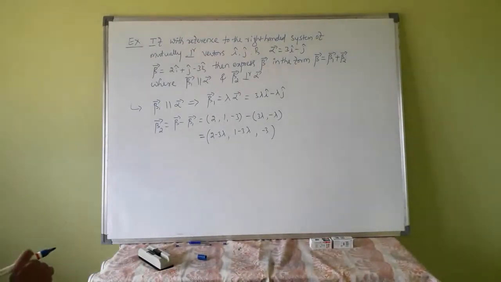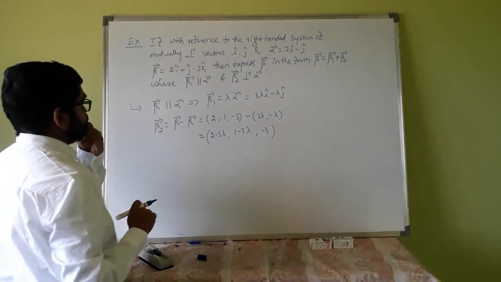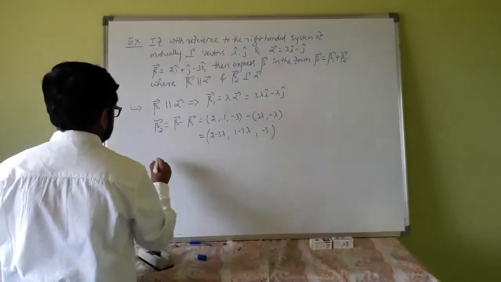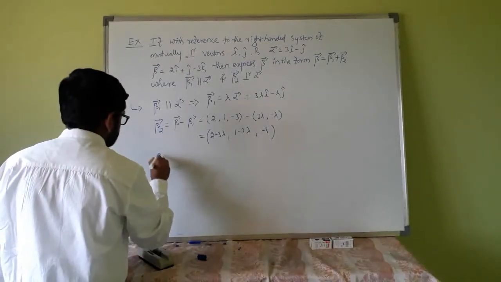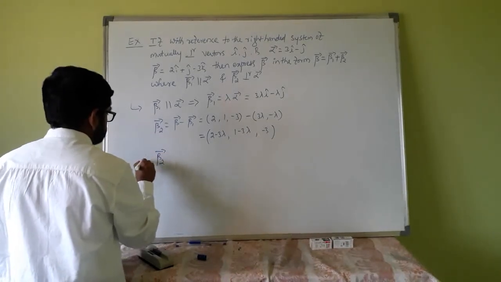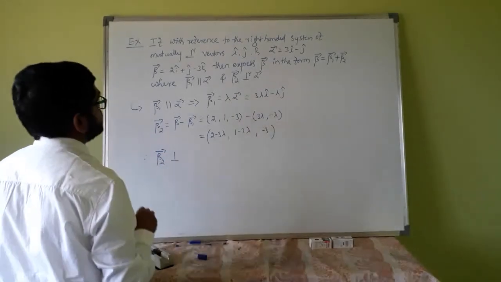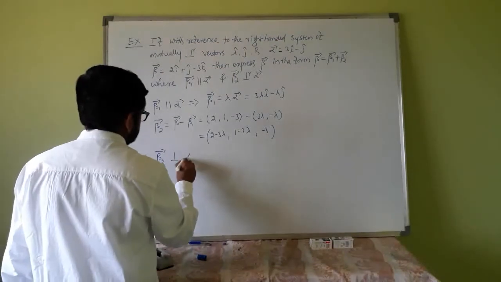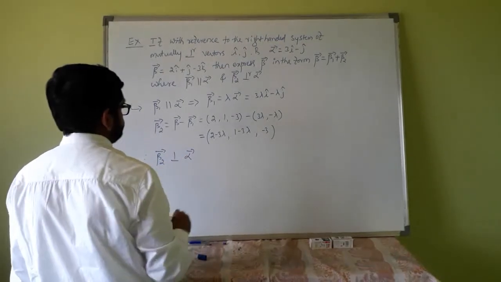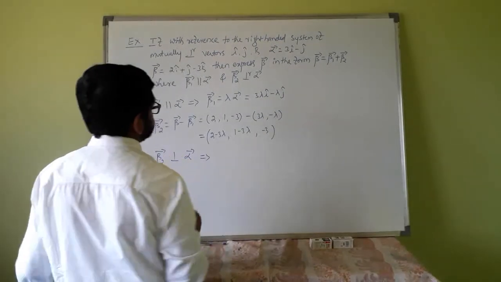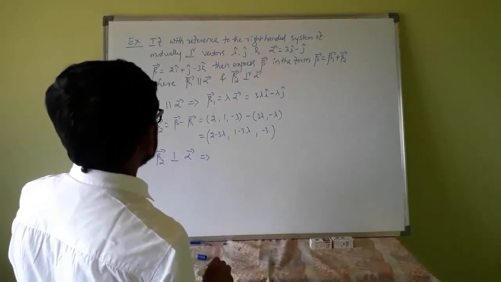Now, since beta 2 is perpendicular to alpha, this implies beta 2 dot alpha is zero. Where is alpha?